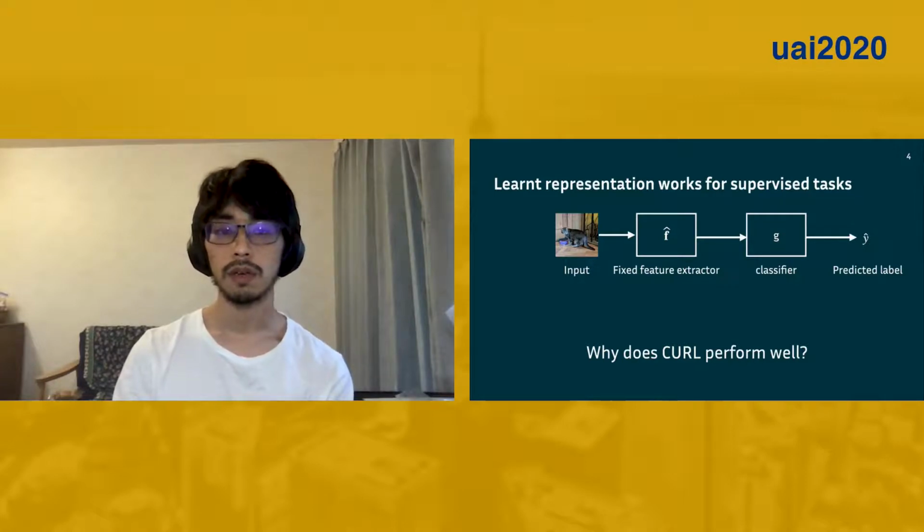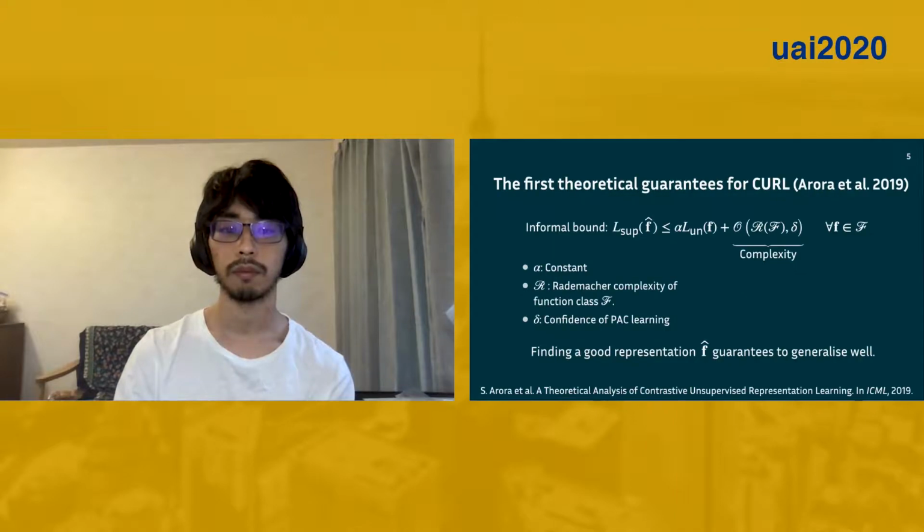But there are some questions about CURL. Why does CURL give a good feature extractor for supervised tasks? And can we get some theoretical guarantees such as a PAC bound? The previous work by Arora et al. showed the first PAC bound for CURL.